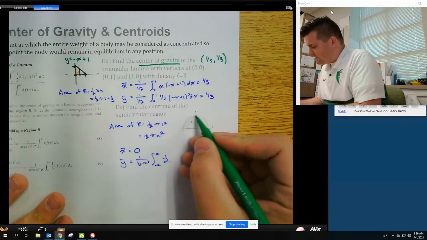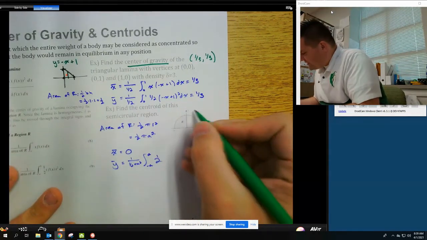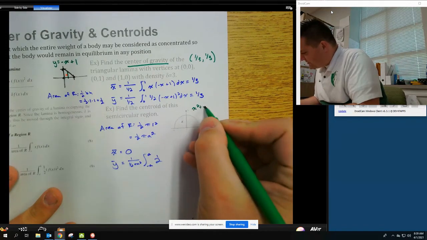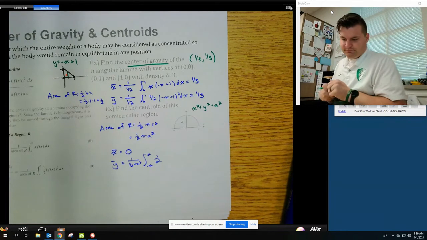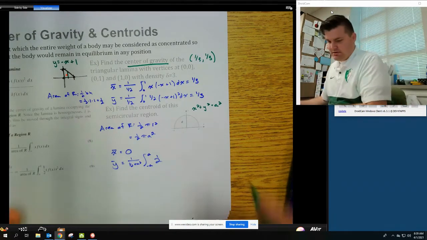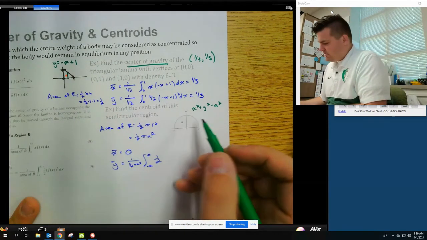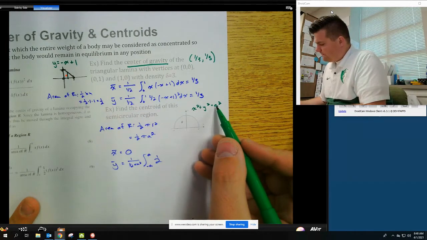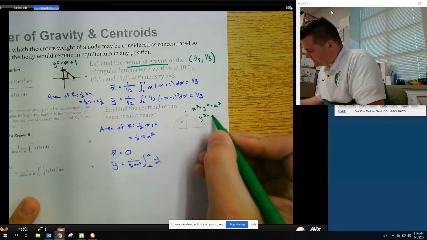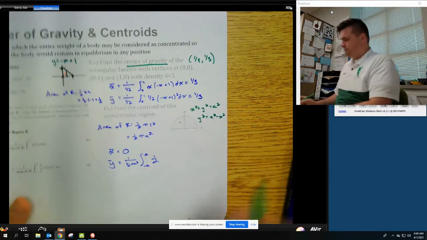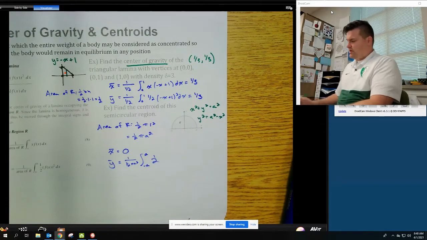Well, this is a semicircle centered at 0, so usually it would be x squared plus y squared equals, in this case, a squared. So I'm going to solve for y here, so I'm going to get y squared equals a squared minus x squared. I'm going to square root it.